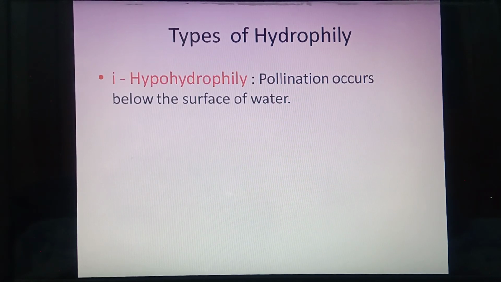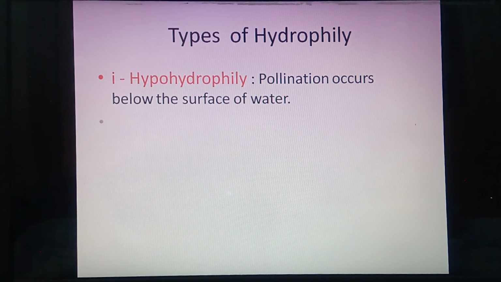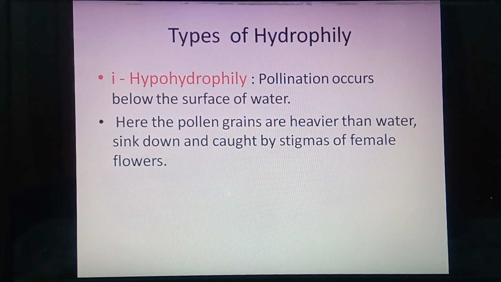Then types of hydrophily. The hydrophily shows two different types: hypohydrophily, the process of pollination which is performed below the surface of water, and epihydrophily, the process of pollination which is performed on the surface of water. First, hypohydrophily.